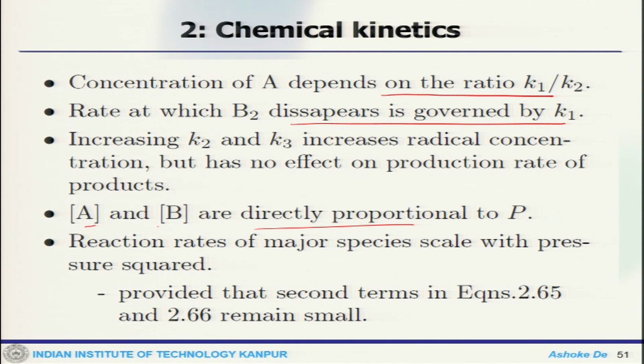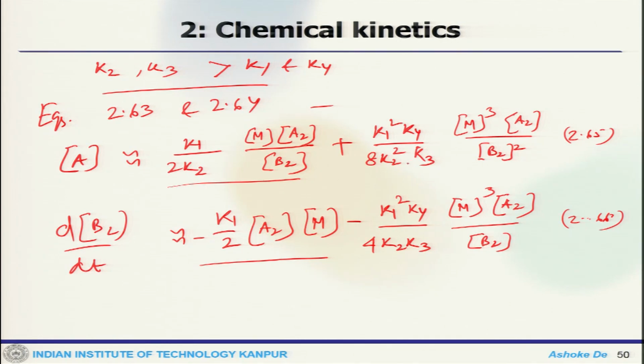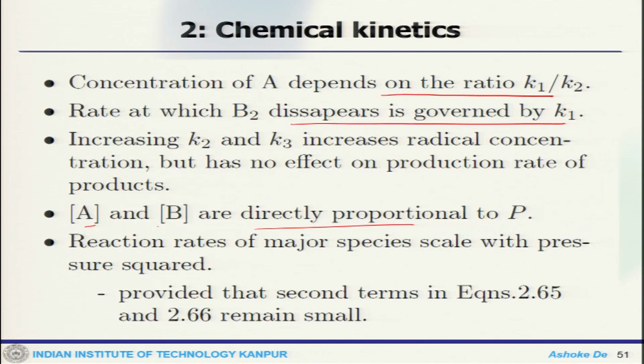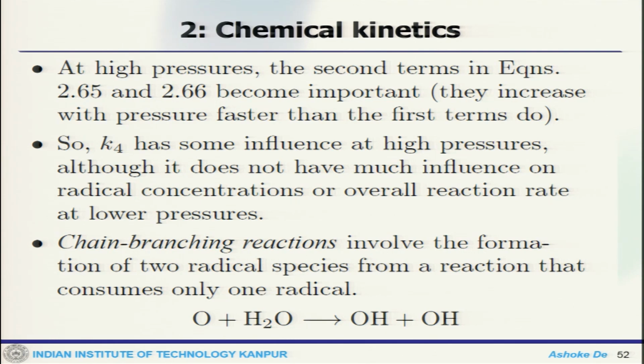The second terms in these two equations are small, but at high pressure they become quite important, because they increase with pressure faster than the first term does. So K4 has some influence at high pressure, but not at low pressure.